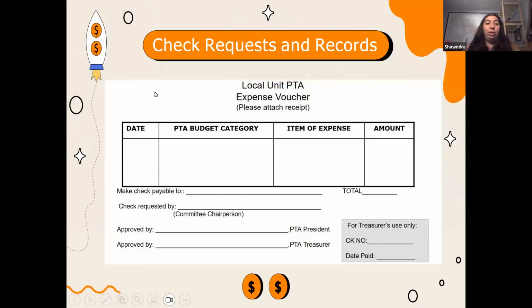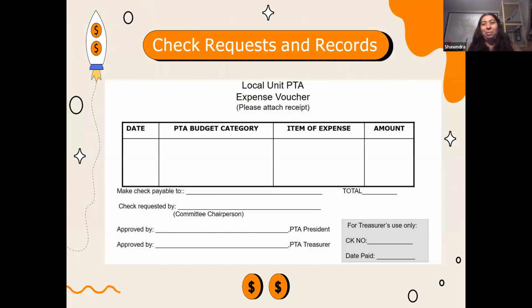So this is just a quick little smushed example to show you what an expense voucher is. Again, it's got the date, what budget category it comes out of, what the item is, the amount, who to make the check payable to, and the check requested by the committee chairperson. That's good also if somebody is submitting for reimbursement and they're not the committee chair.